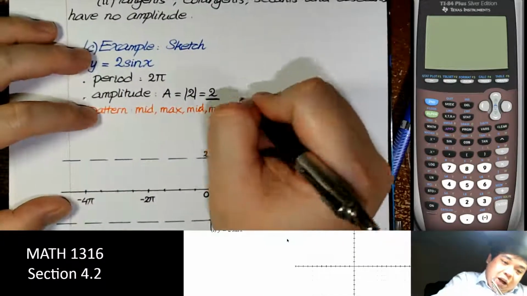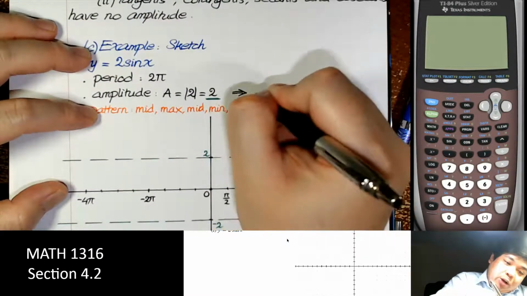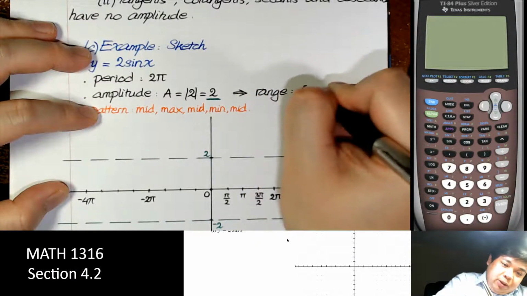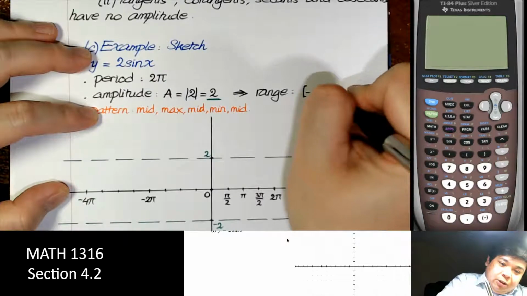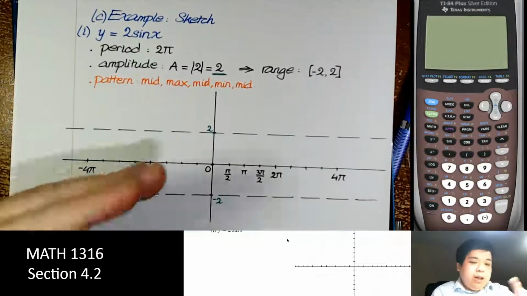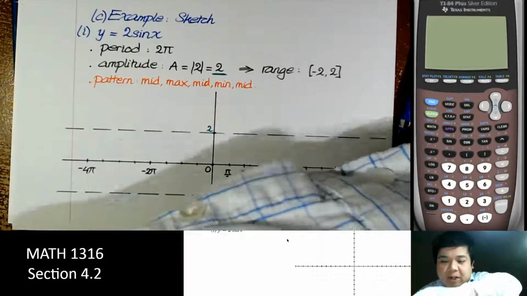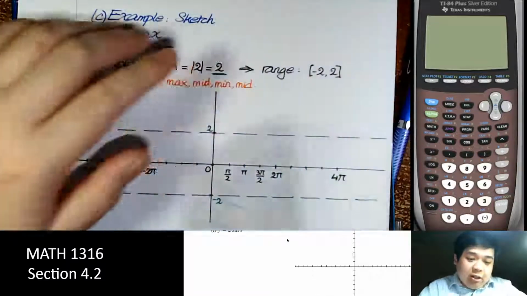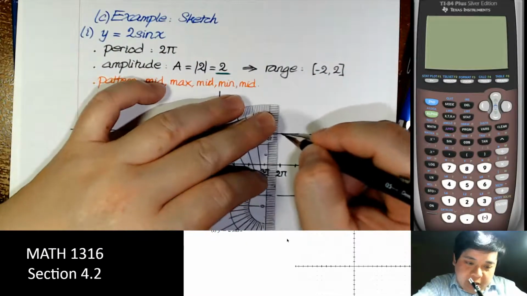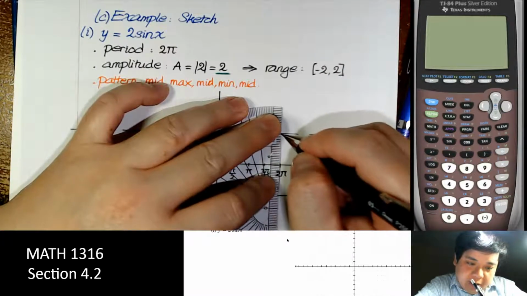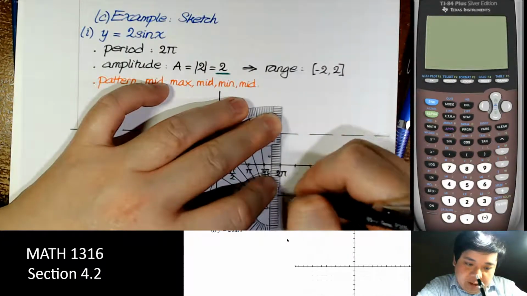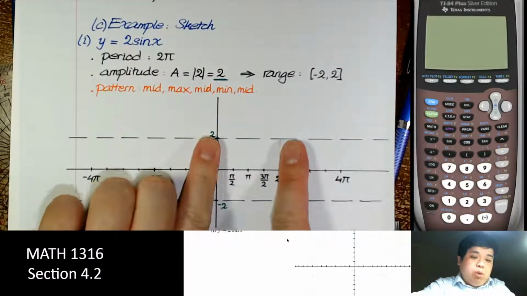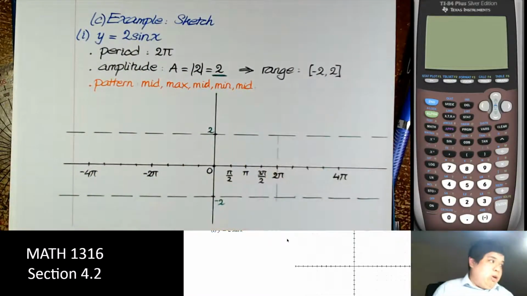Because of that, we can say the range of the function will go from negative 2 to 2. And the period is 2 pi, meaning that the graph of this segment would be just copy and paste throughout the whole interval.